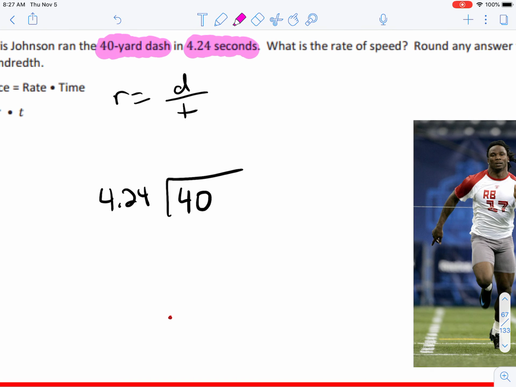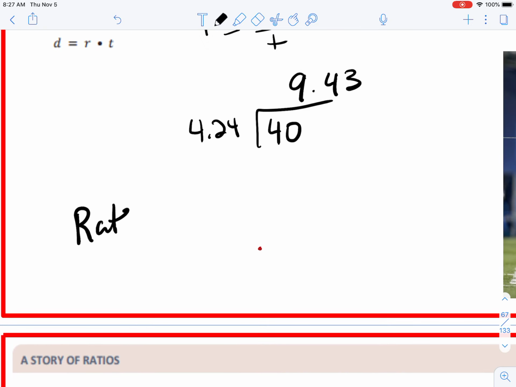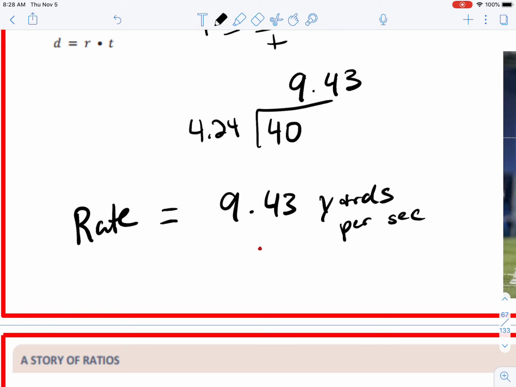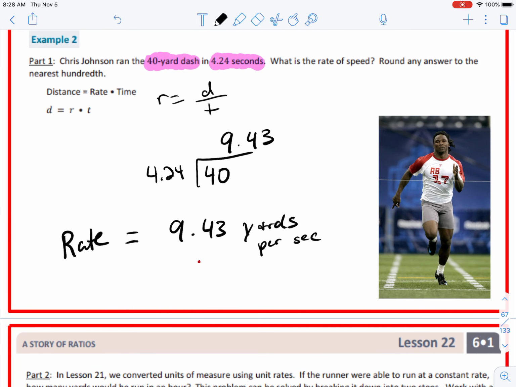So we should have gotten 9.43. Our rate equals 9.43 yards per second. That is our rate. He runs 40 yards in 4.24 seconds. He's running about 9.43 yards per second.